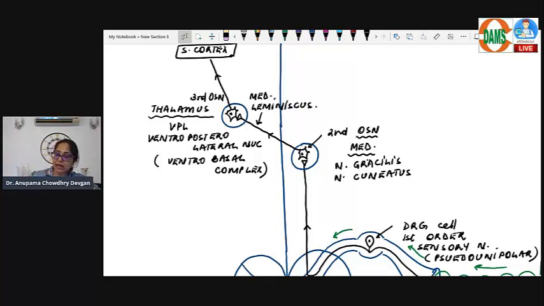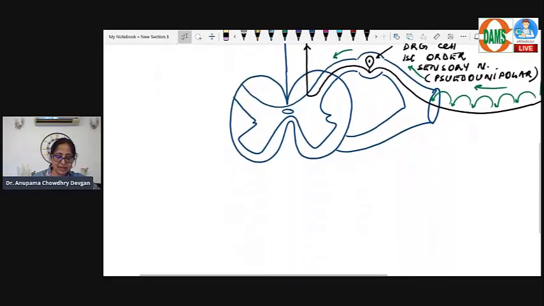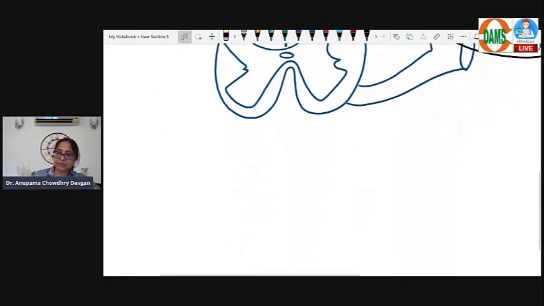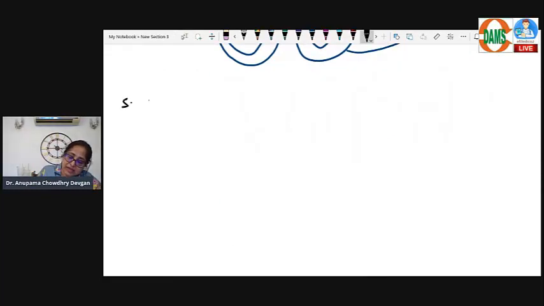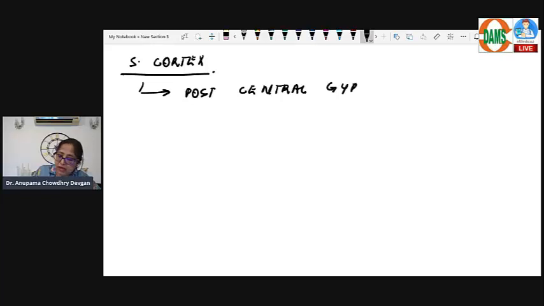Now, as far as the sensory cortex is concerned, a little more detail about the sensory cortex. Sensory cortex is the post-central gyrus.